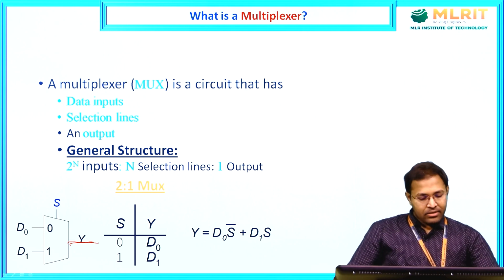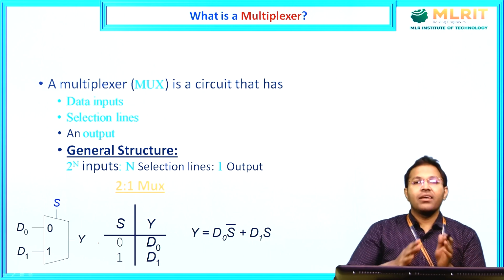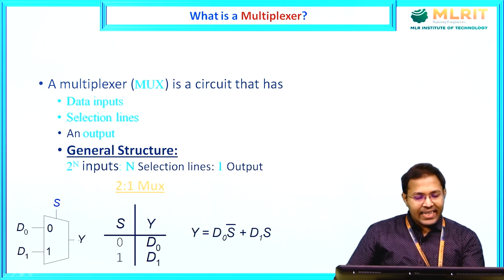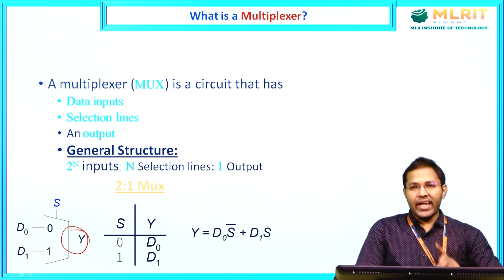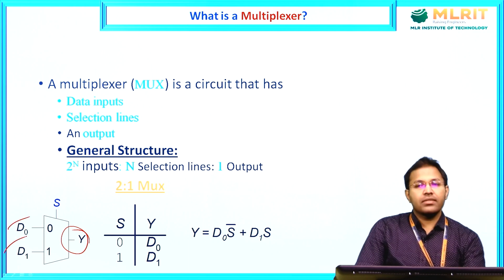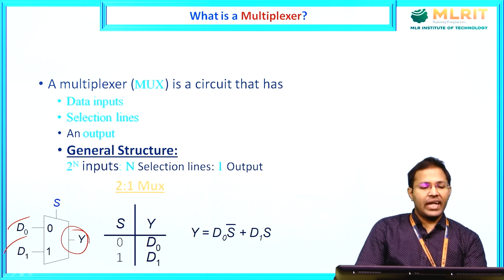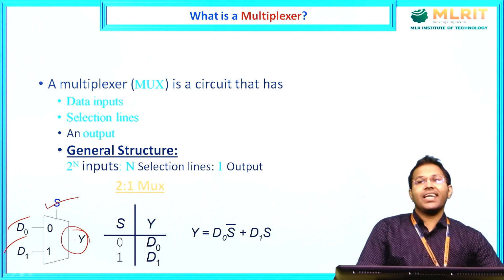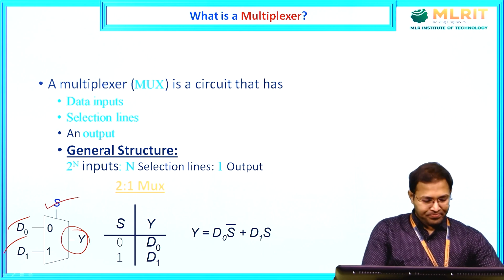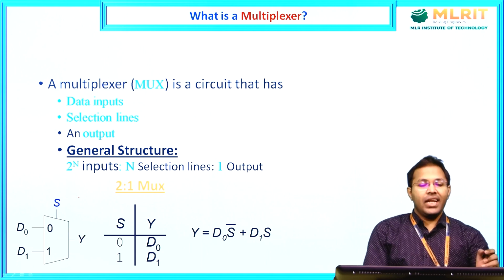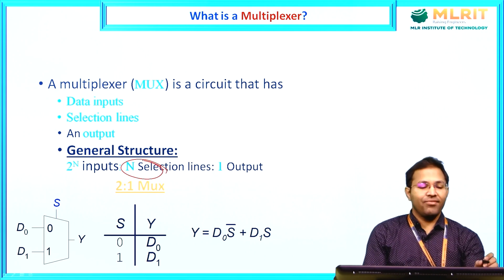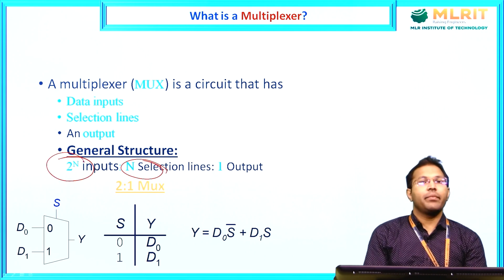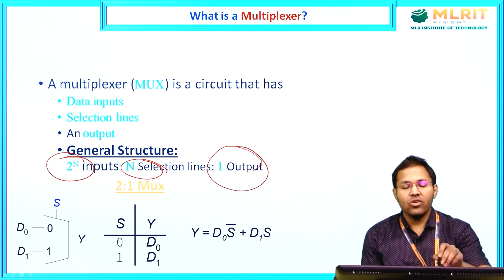Understanding this way, we can be sure that the output of a mux is always one line. Inputs can be more than one line. Selection lines can be more than one line. In general, if you have n selection lines, then we have 2 power n inputs.